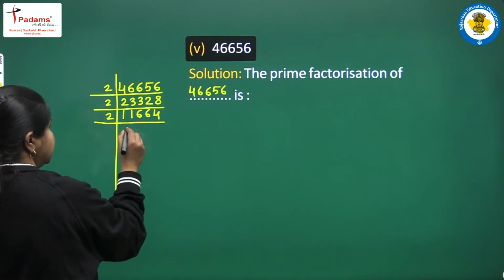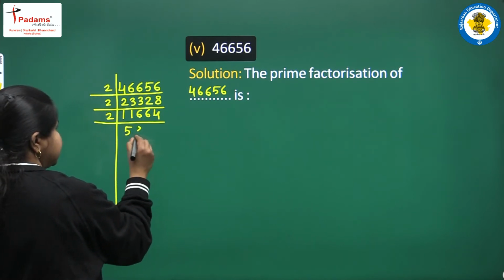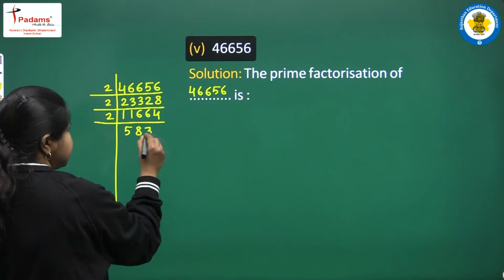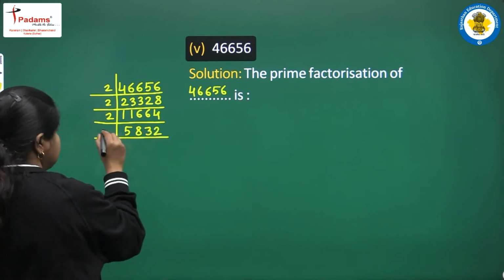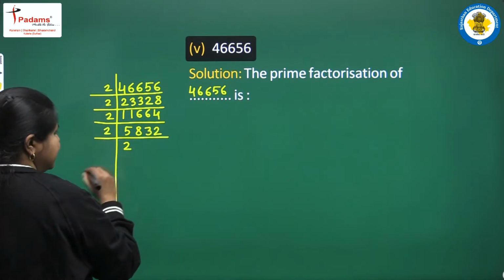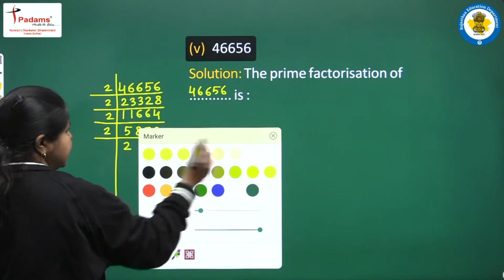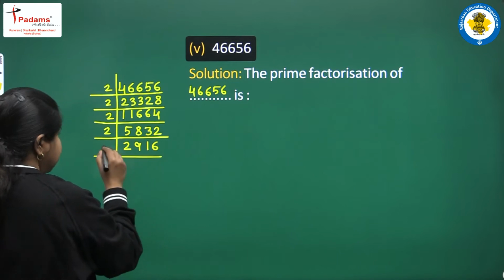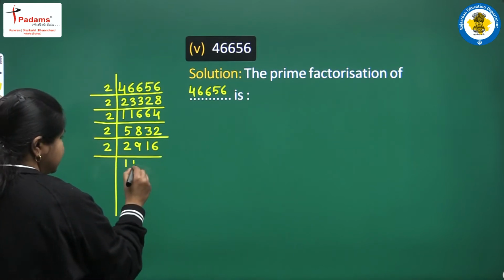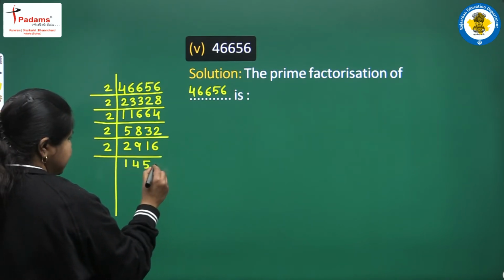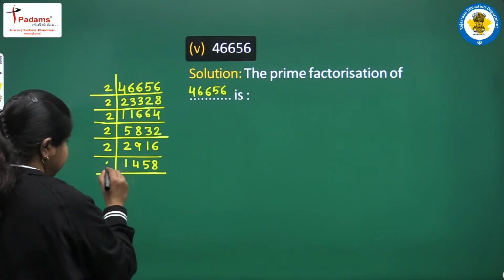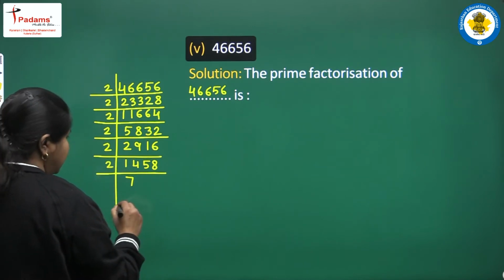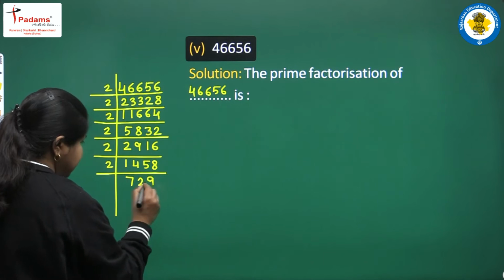Again by 2, 2 5s are 10, 8s are 16, 2 3s are 6 and 2 times 4. Again by 2, 2 2s are 4, 9s are 18, then we have 16 here. Again by 2, 2 4s are 8, 5s are 10, 8s are 16. Again by 2, 7s are 14, 2 times and 9.